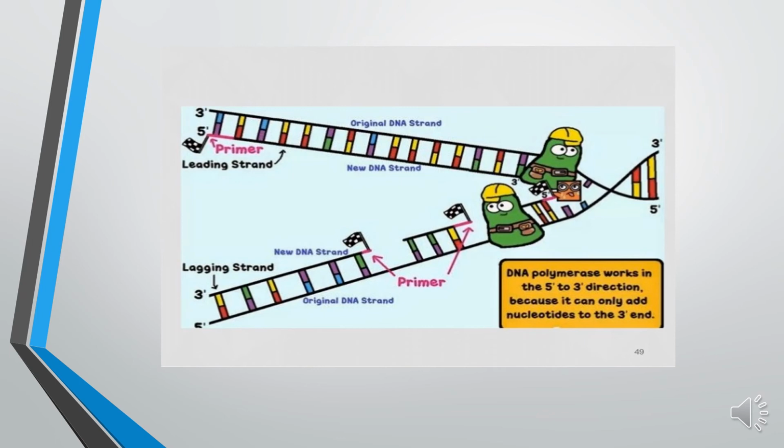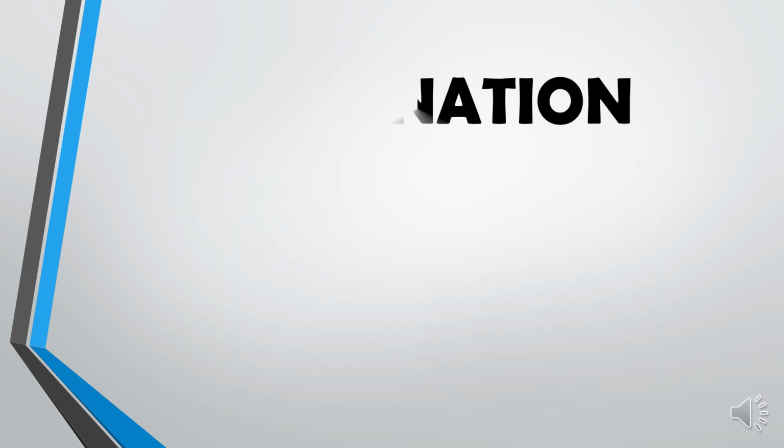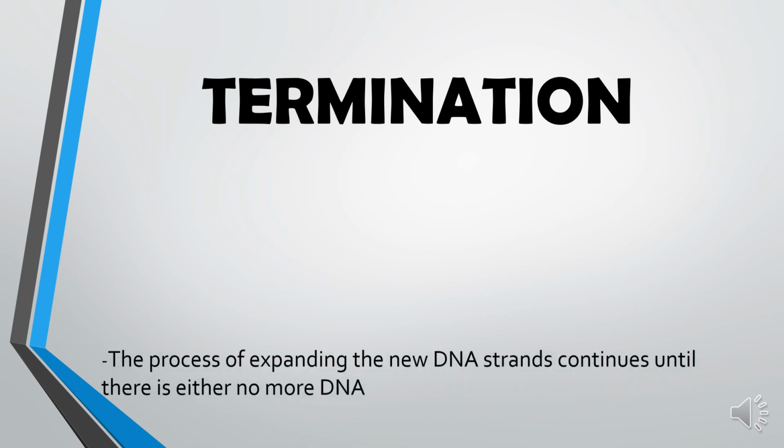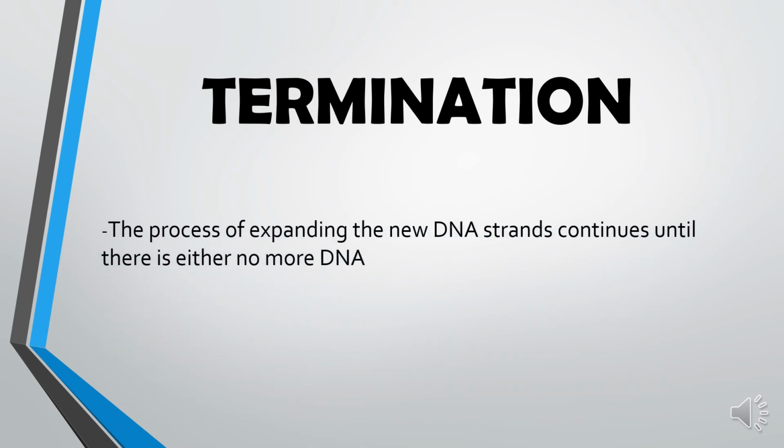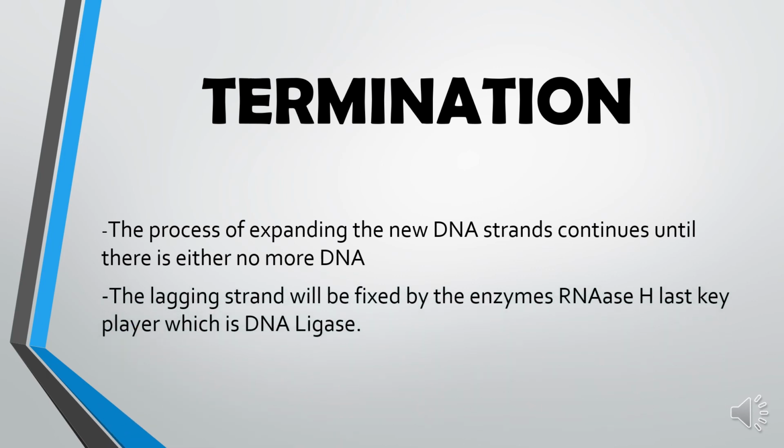But you don't need to worry about this, because the next enzymes will have the solution for this. So next is the termination, from the word terminate, or the act of ending something. The process of expanding the new DNA strands continues until there is no more DNA. The lagging strand will be fixed by the enzymes RNase H and the last key player.